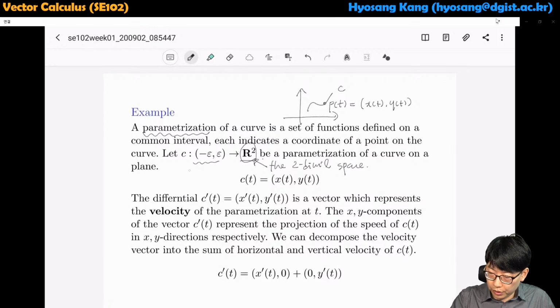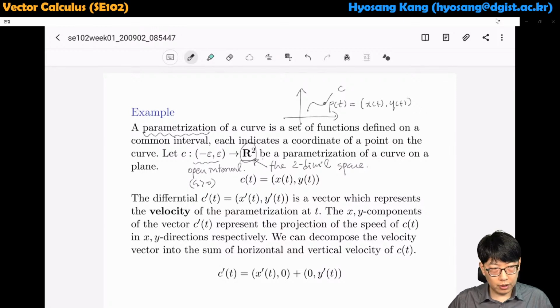And this is the open interval, where epsilon is a positive number. Usually epsilon means a small positive number. And this is a function. So if I pick any point lying between minus epsilon and epsilon, then I get a coordinate in R2. So I can rewrite that function as C(t) equals the point with coordinates (x(t), y(t)).